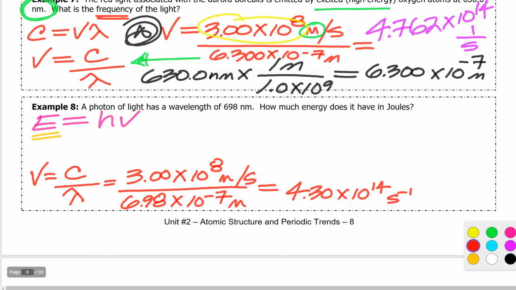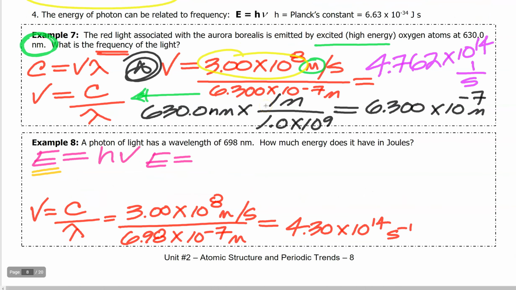So let's go ahead and do that. It looks for energy. So energy equals Planck's constant. You don't have to memorize it. It is right here. That's going to be 6.63 times 10 to the negative 34th. And there's your joules per second, right?